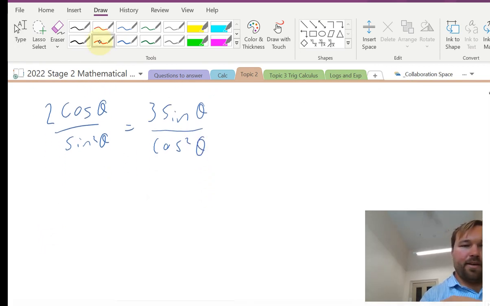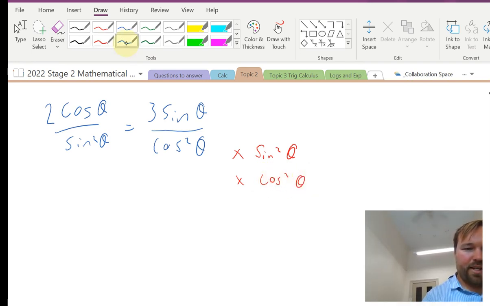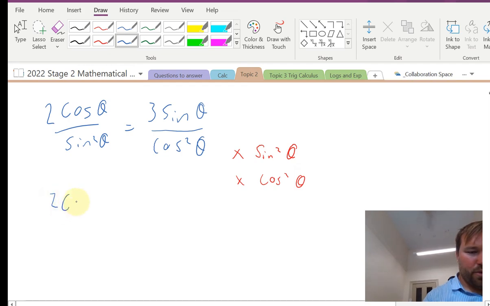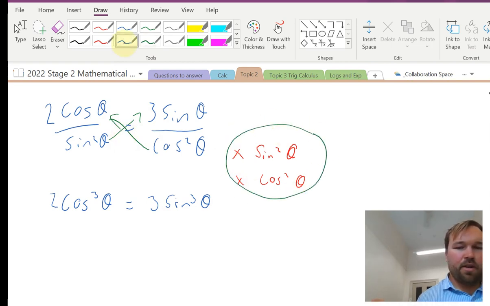Alright, from here, I would multiply both sides by sine squared theta, and I'm also going to multiply both sides by cos squared theta. The effect of that is to have 2 cos cubed theta equals 3 sine cubed theta. That 3 at the top is cubed. What's really happening is that's going up there, that's going up there, but the process is that double multiplication.